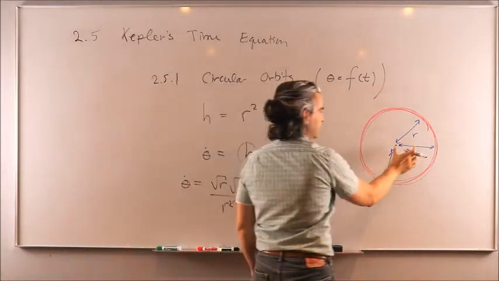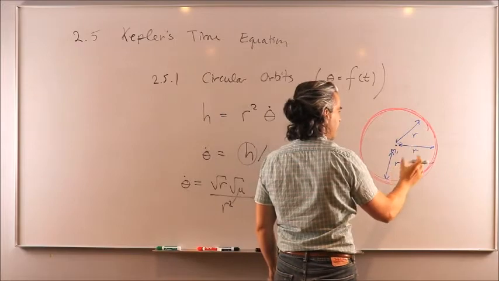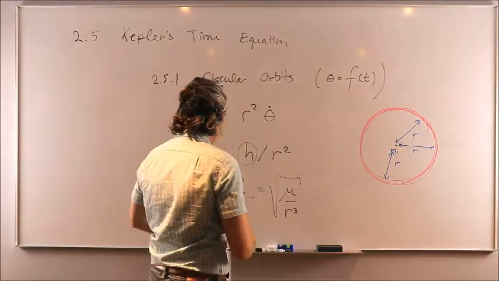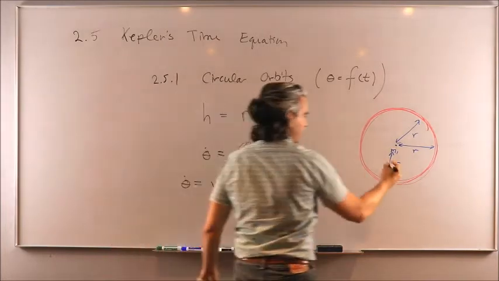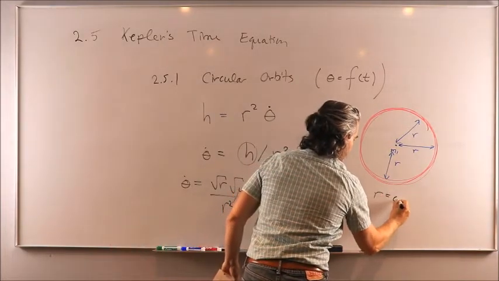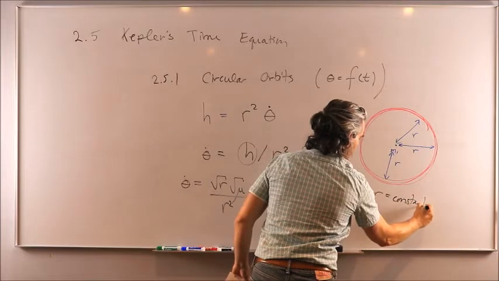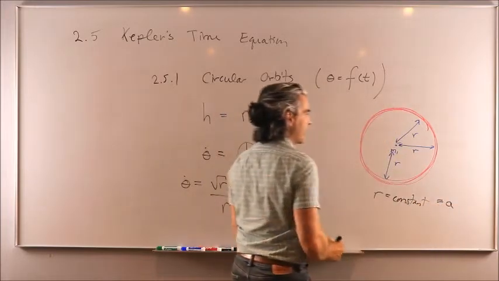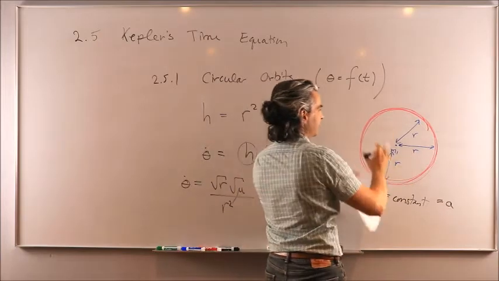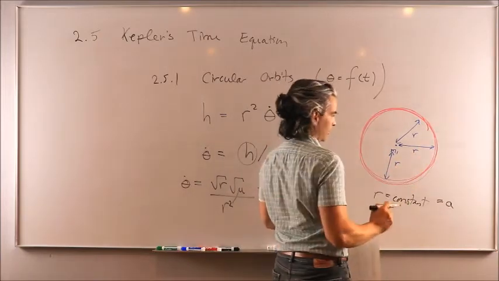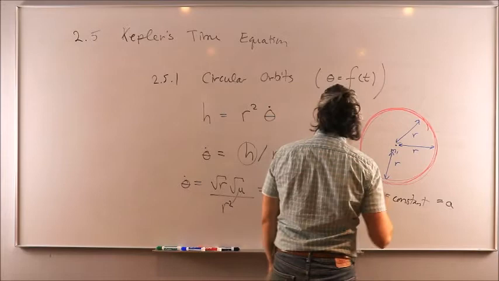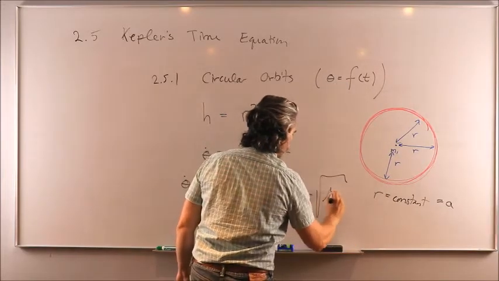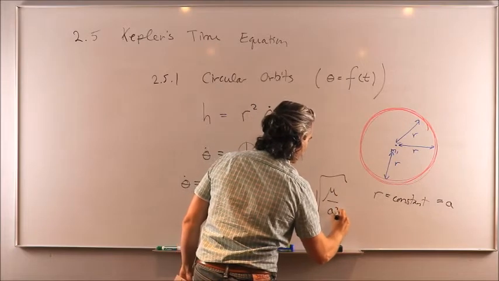Okay, so the distance between the center and the orbital path is not changing as it is for an elliptical orbit, such that r is constant and is also equal to the semi-major axis of this specific ellipse, which happens to be a circle. Okay, so we're going to say r equal to a, which is constant, and therefore we can say that this is square root of mu over a cubed.